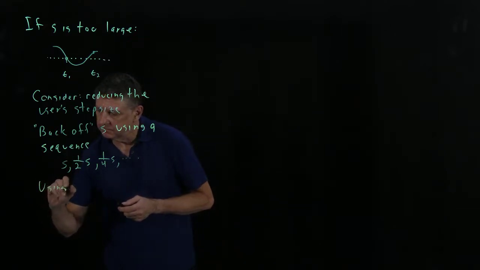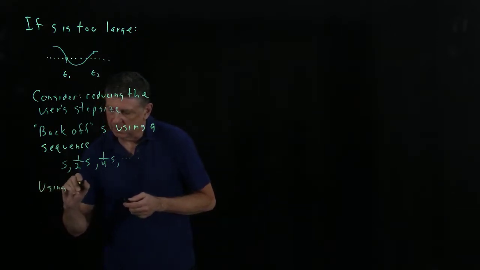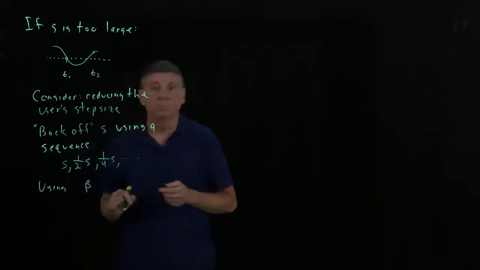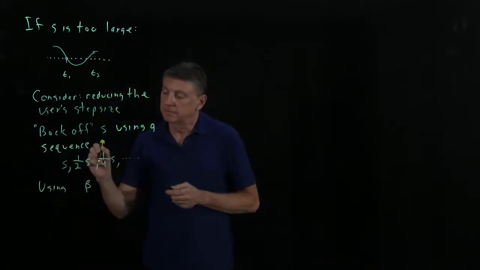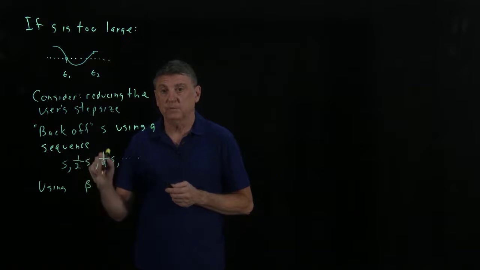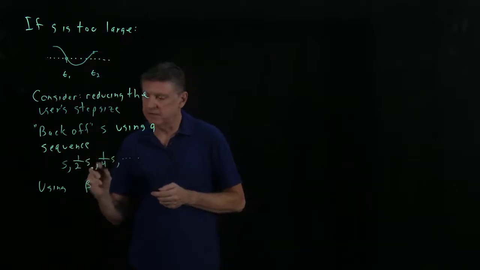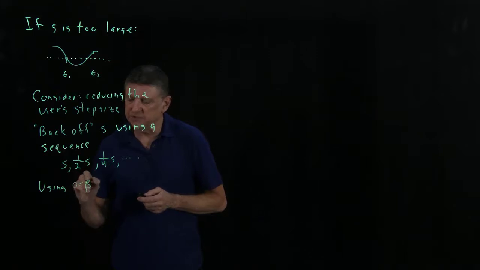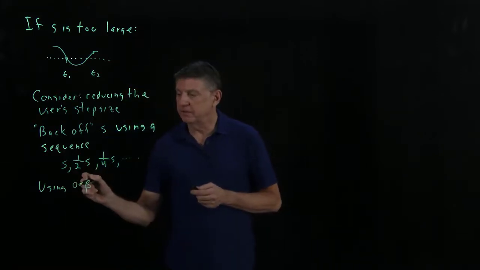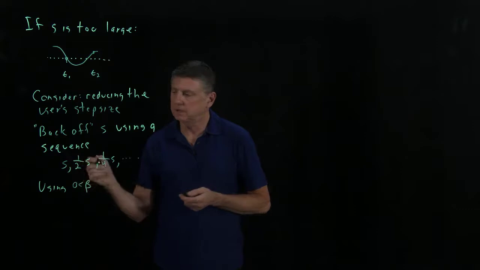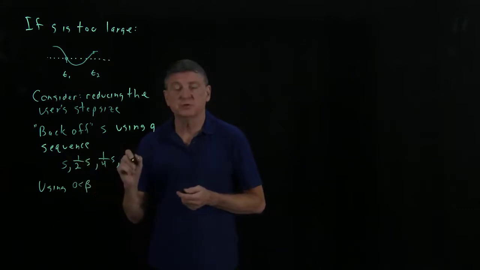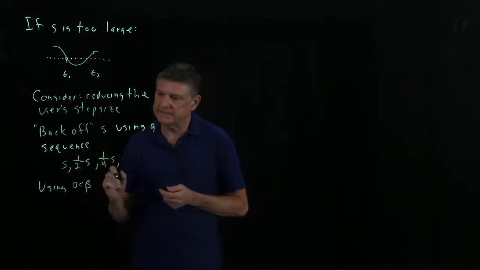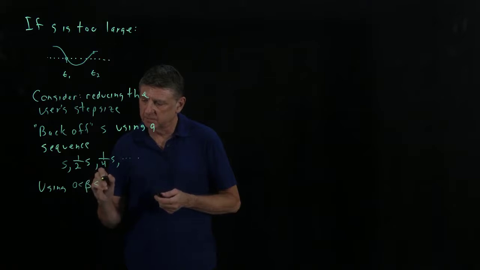So this is using some value of beta. Beta is the backing off rate, or sometimes called the backtrack rate. We want beta to be strictly greater than 0 so that we're doing something, and strictly less than 1 so that we're getting this exponential reduction.